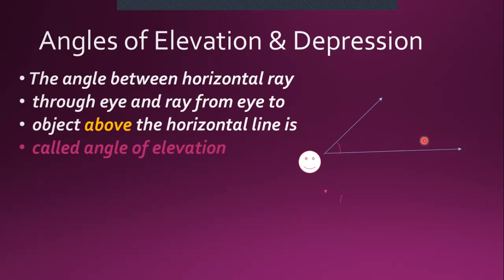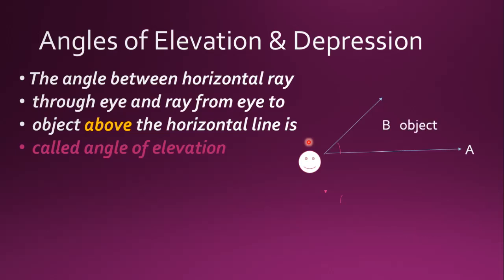This is the ray which is through our eye along horizontal direction, and this is the ray from eye to, and at this point there would be object, as you do in case of kite flying. You are standing in the ground and you are looking at the kite which is above, high above. Means you are looking at a thing or at an object which is above the horizontal level.